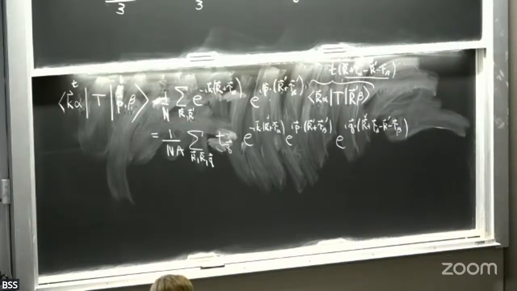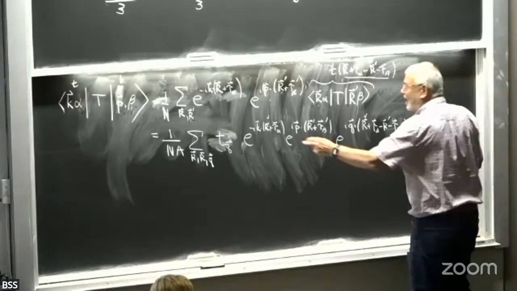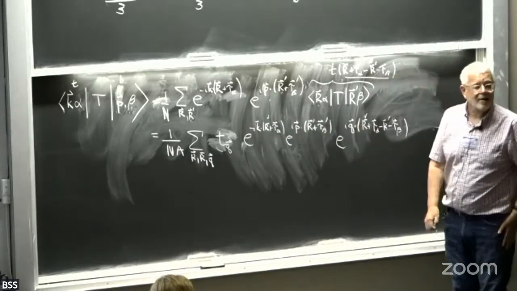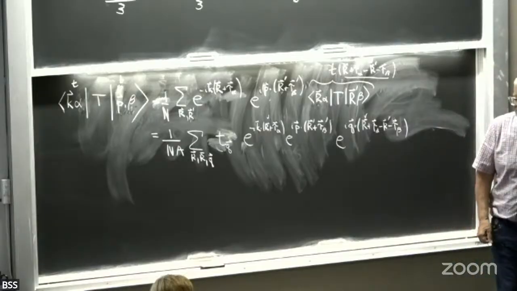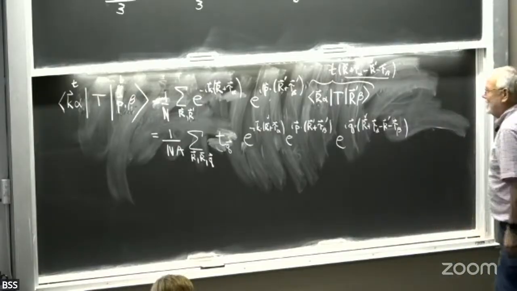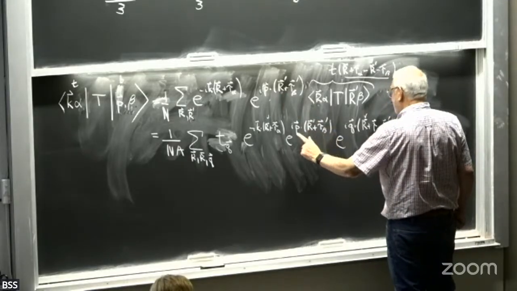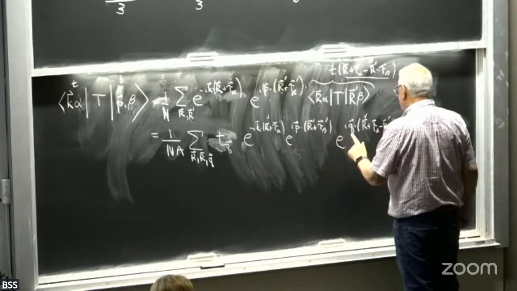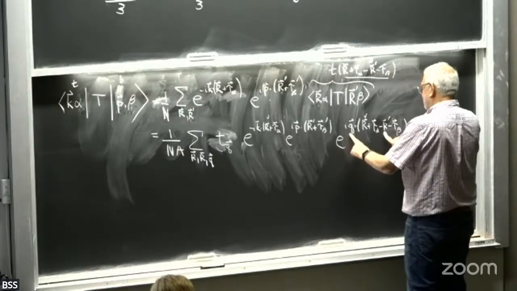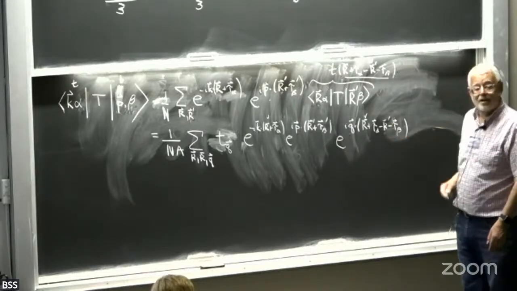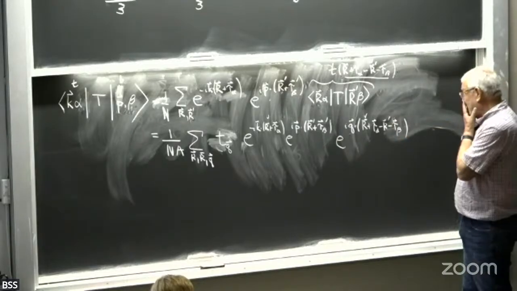So summing over R tells me K is equal to Q to within a reciprocal lattice vector of the top layer. Summing over R prime, P is equal to Q to within a reciprocal lattice vector of the bottom layer.